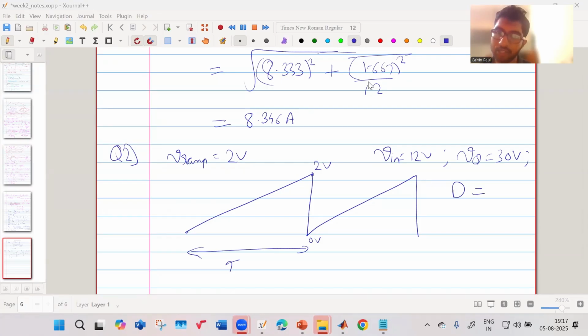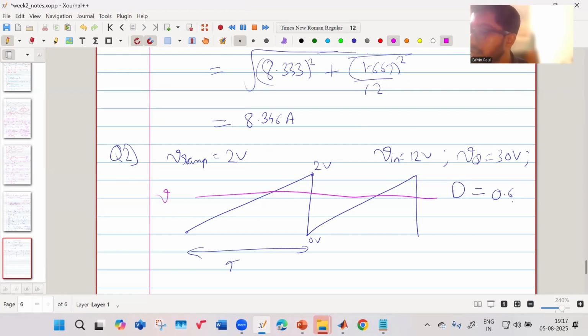Thank you. So your duty is coming to be 0.6, which is correct, right? So you need to set this control voltage. This is your Vcon. My drawings are not very good, but this Vcon will be a fixed value.